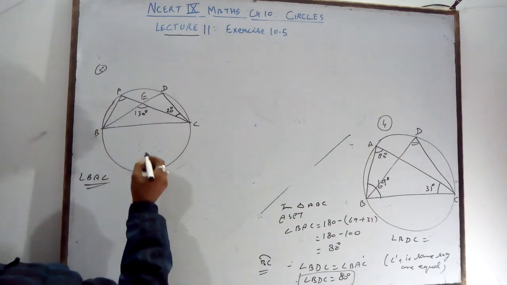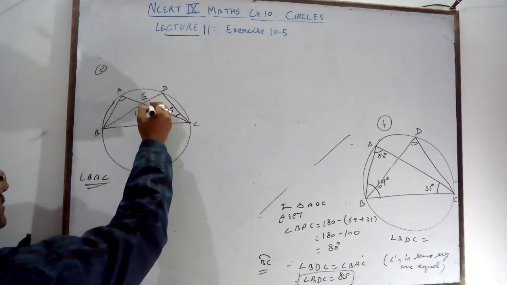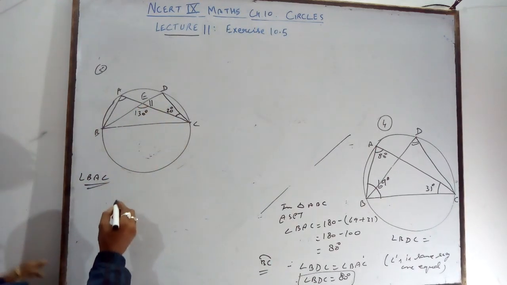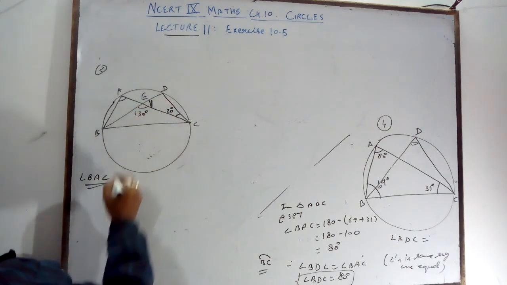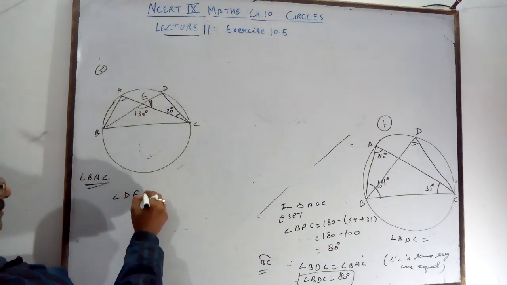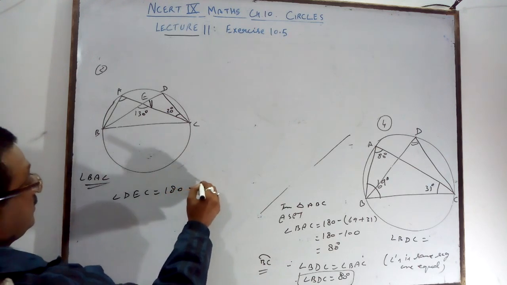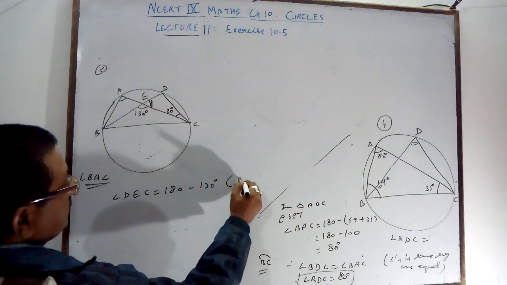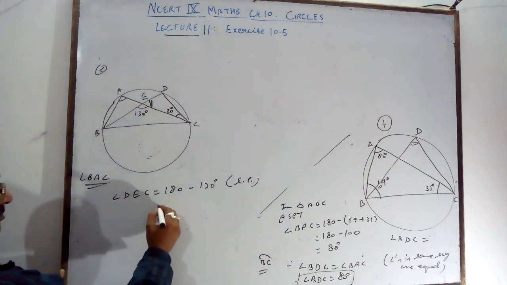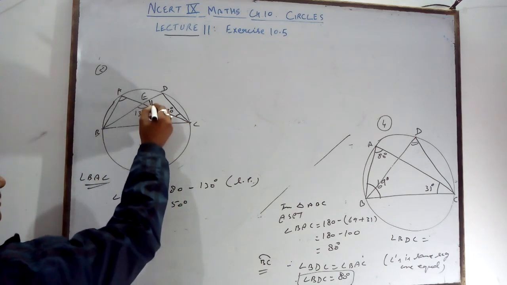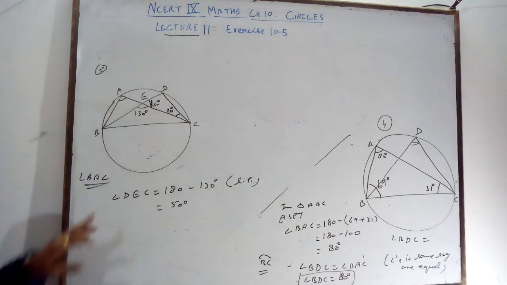Here, first you find out this angle, by linear pair. Angle DEC is equal to 180 minus 130 degrees by linear pair. Very simple. So you are getting 50 degrees.